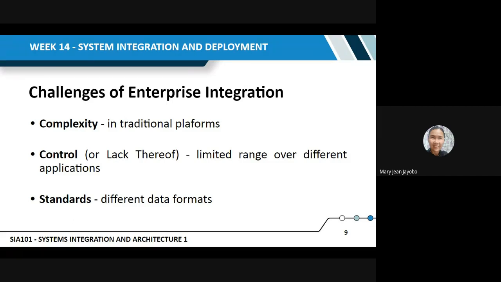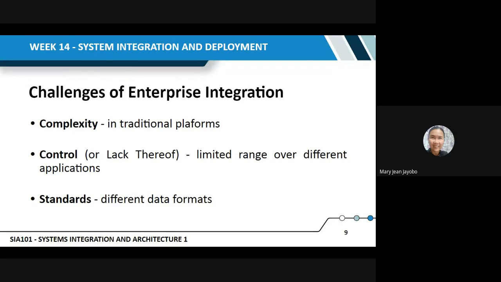Sa tingin natin parang magiging okay pero at the end pala parang hindi pala siya okay. Yan. So, what are these challenges that we need to consider when integrating software in a business? So, of course, we have to take note of the complexity. Sa complexity in a traditional platform.